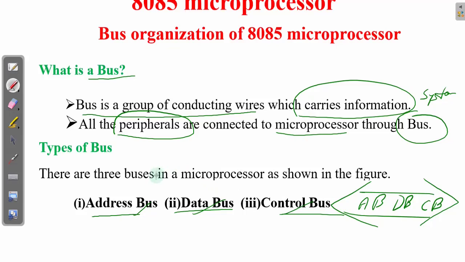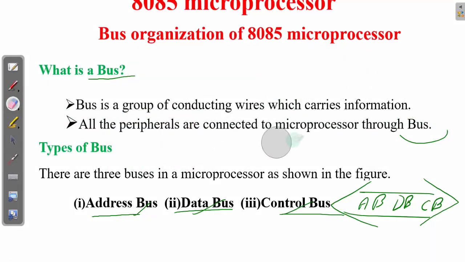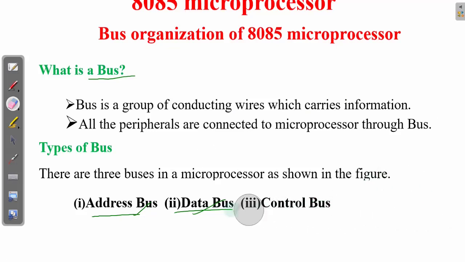First of all, we will try to understand what these buses are. Maybe we will not be able to complete this today, but we will surely complete it by the next class. We will not go at very high speed, so I'll set my pace in such a way that you understand everything. Let's now understand the meaning of address bus, data bus, and control bus, one by one.